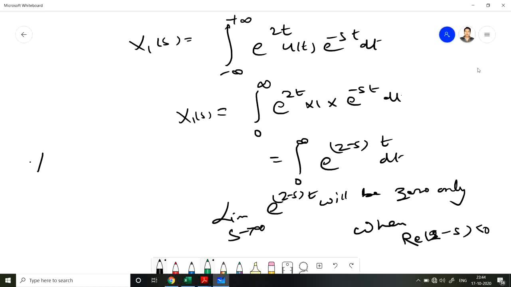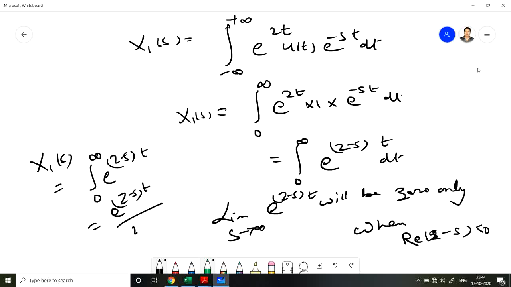So X1(s) is basically the integral from 0 to infinity of e raised to the power (2 minus s) t, which is e raised to (2 minus s) t divided by (2 minus s), from 0 to infinity.